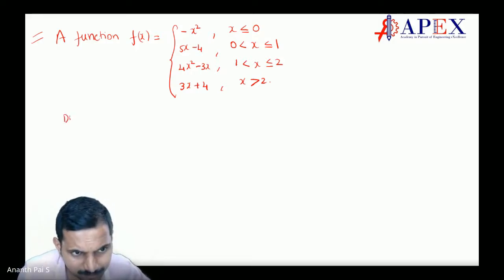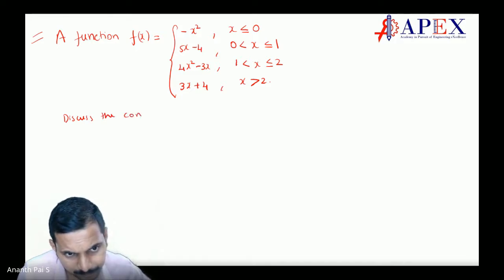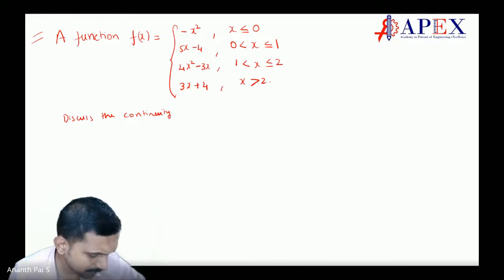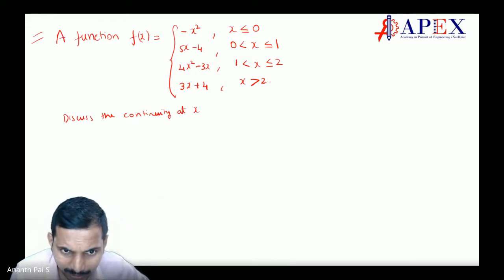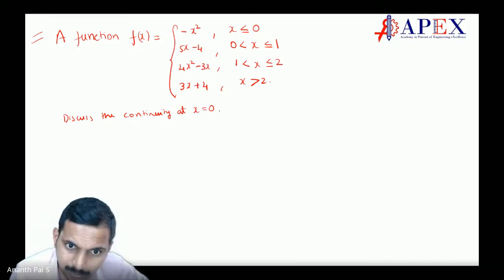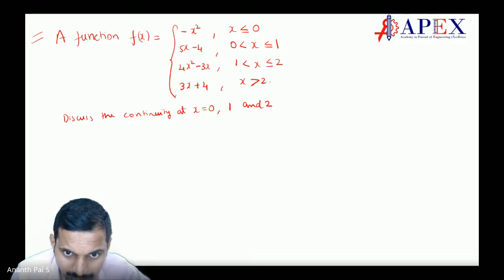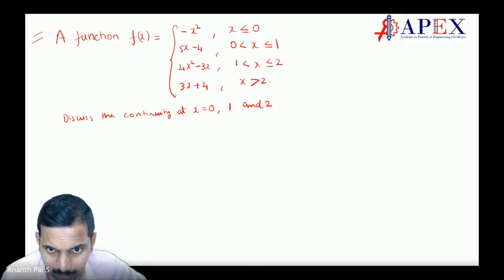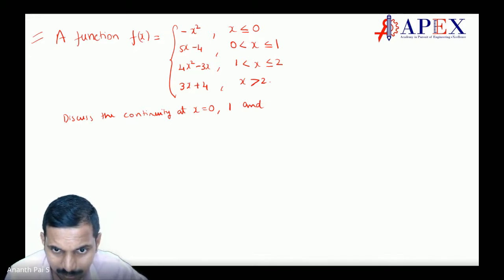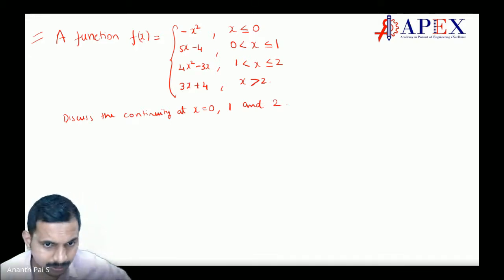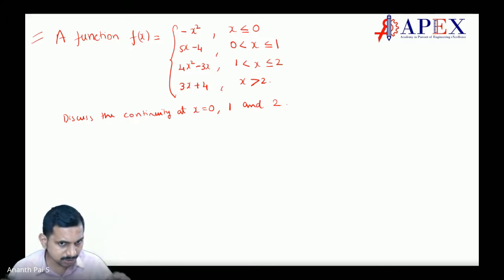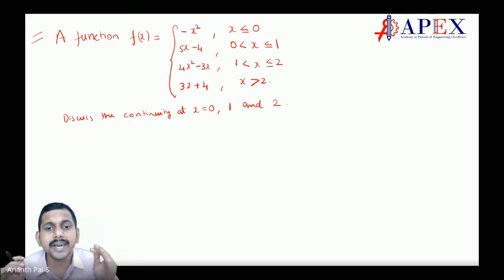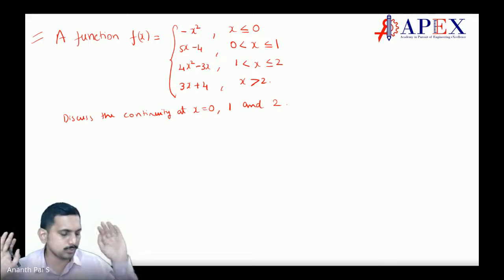Discuss the continuity at x is equal to 0, 1 and 2. It's a theory question. Discuss the continuity at x is equal to 0, x is equal to 1 and x is equal to 2.